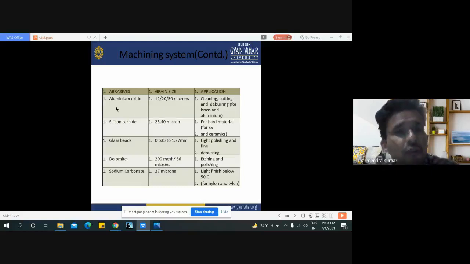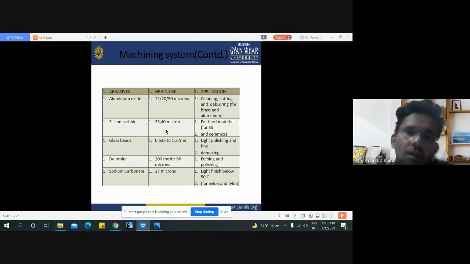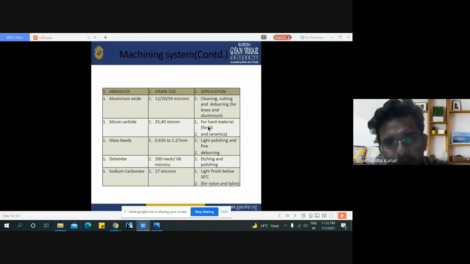Applications include cleaning, cutting, and deburring for brass and aluminum. The second is silicon carbide, 25 to 40 microns, for hard materials like stainless steel and ceramics.